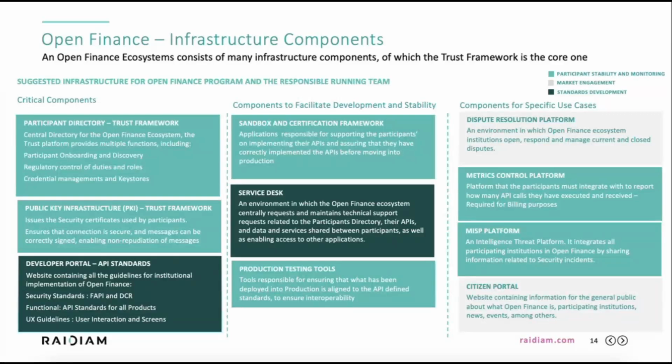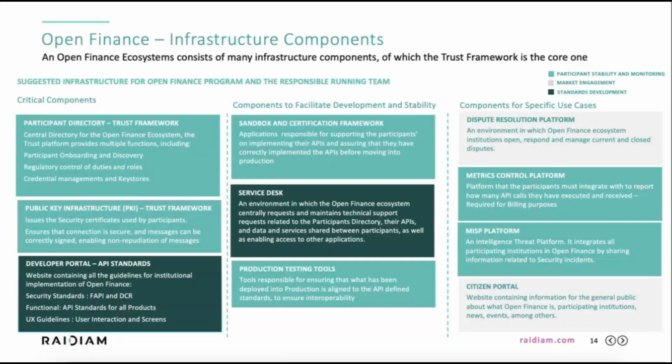You've got the public key infrastructure, you've got the developer portal with API standards. There's always a sandbox provided because there's always innovation and iteration. So as prop techs create and innovate and evolve, they'll need a way to test those improvements and innovations and new products and services outside of the production, the live environment.